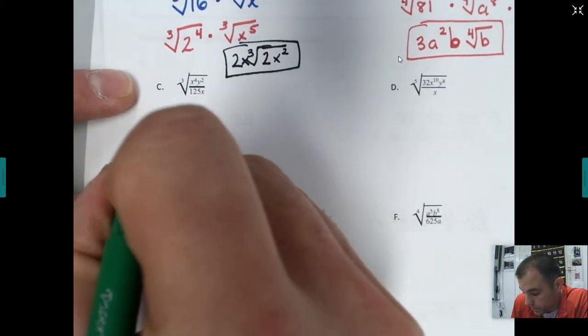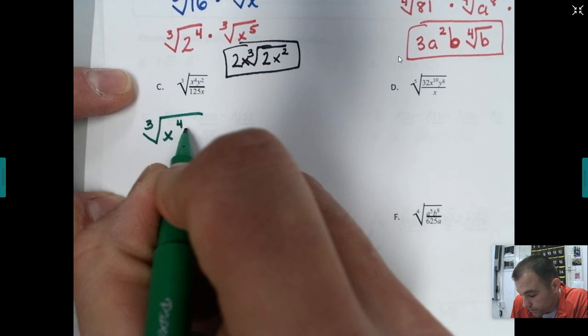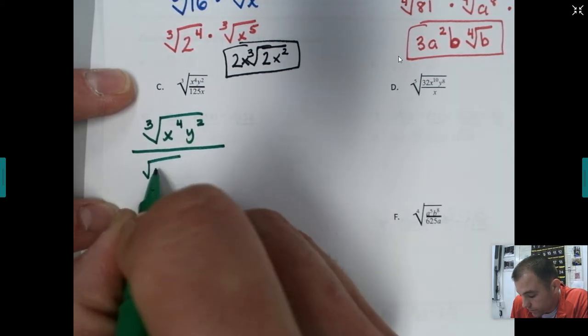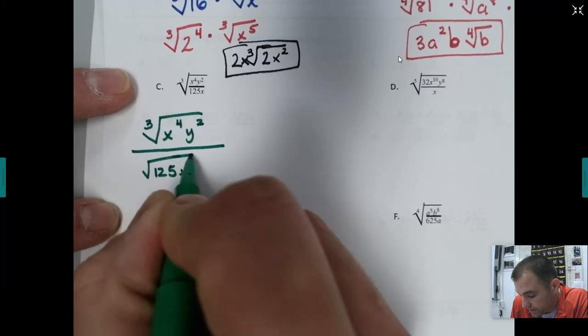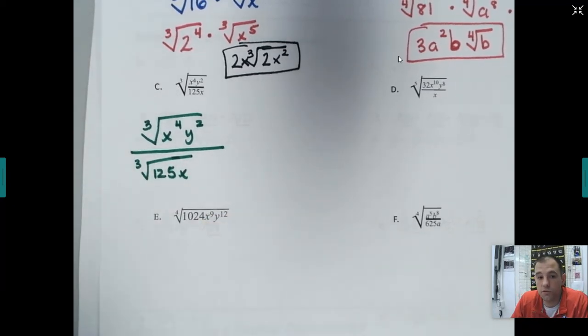Now it's division, so I'm going to split this up. The cube root x to the 4th y squared over the cube root of 125x. So one big radical I can turn into 2 smaller ones. And then I'm going to try to do this all at once and see if it makes more sense to anybody.